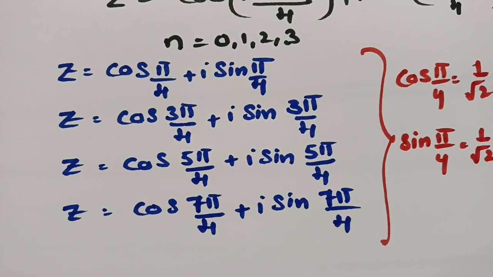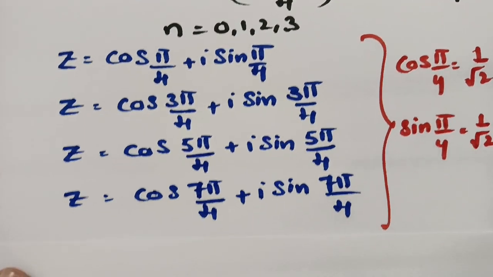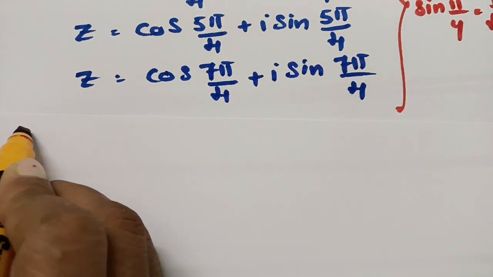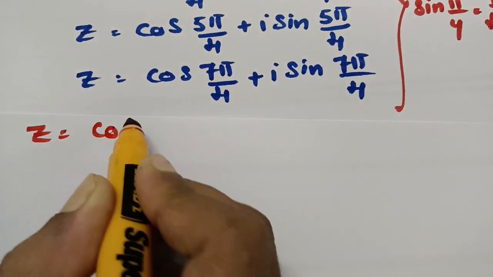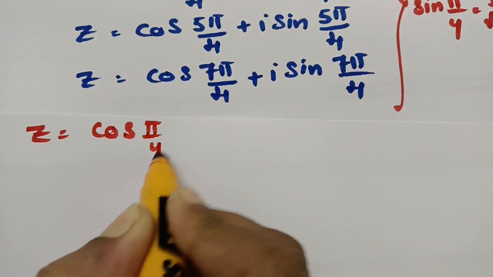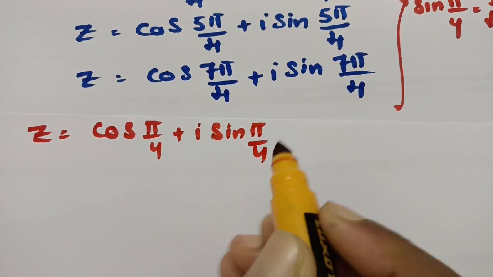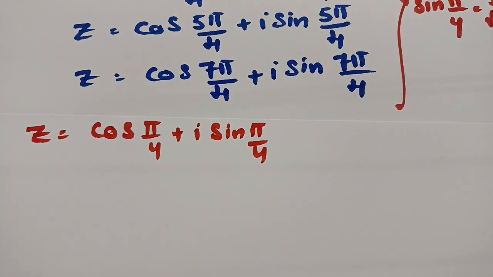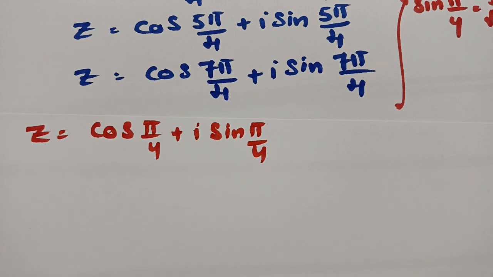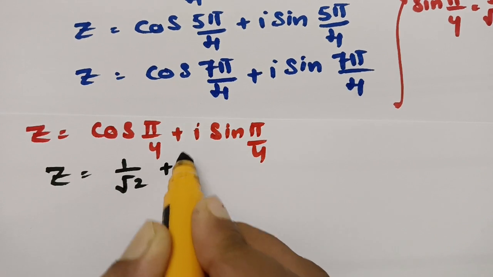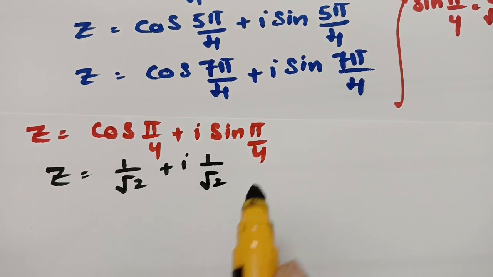Now I am going to substitute and calculate all these values. The first one is cos pi by 4 plus i sin pi by 4. As you know, cos pi by 4 is 1 by root 2, so z is equal to 1 by root 2 plus i into 1 by root 2.